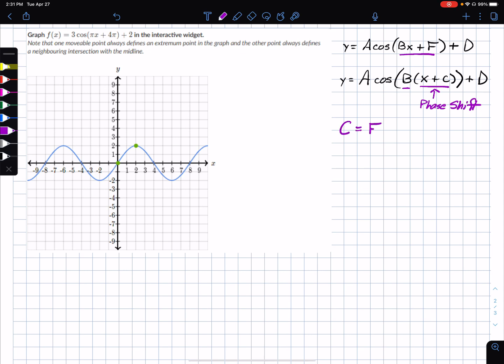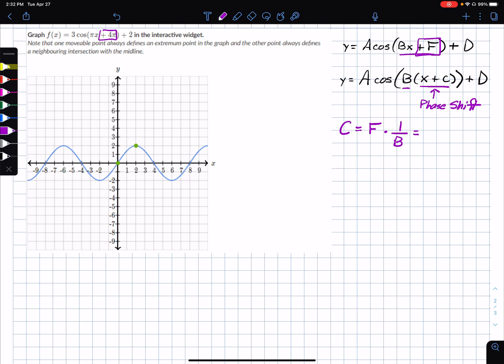We're going to take the F value, which we can see right in the coding of this problem as positive 4 pi, and we're going to multiply that by 1 over the B value, or the reciprocal of B. Okay, and that goes pretty smoothly, and this will give us our C value, which we'll be able to figure out our phase shift then.